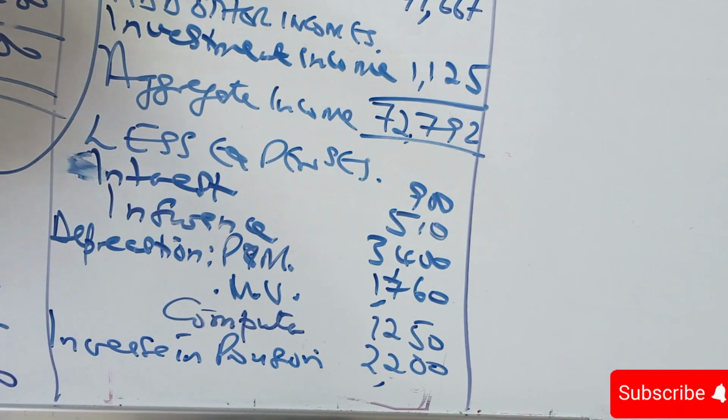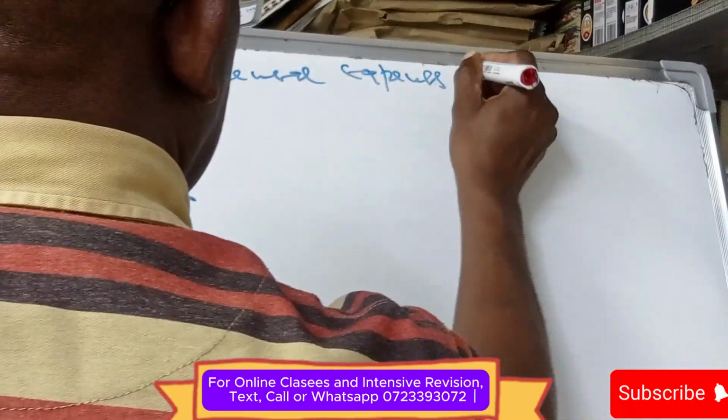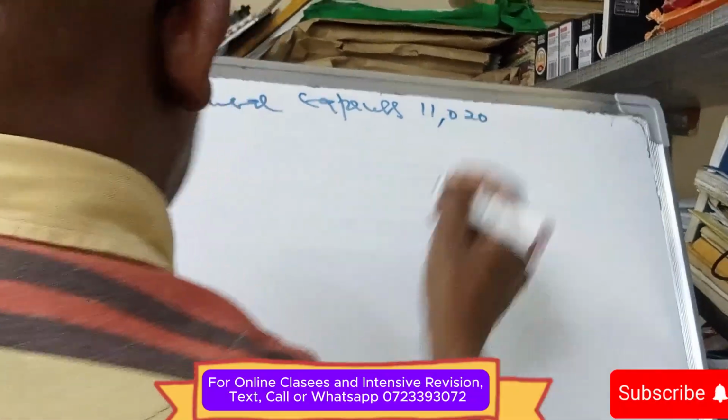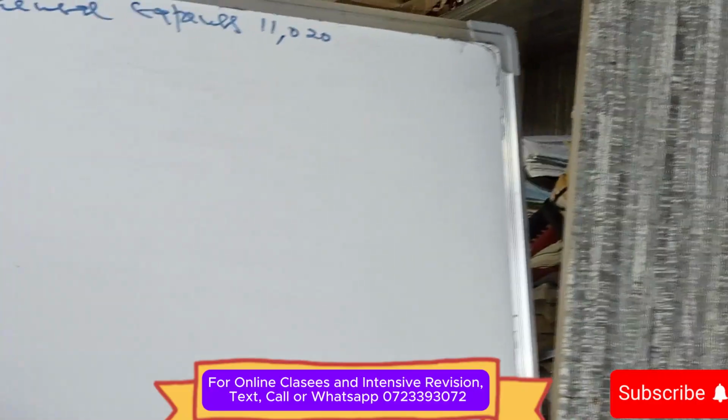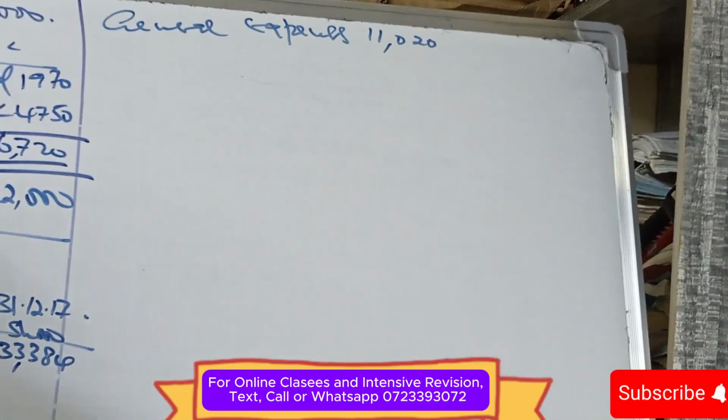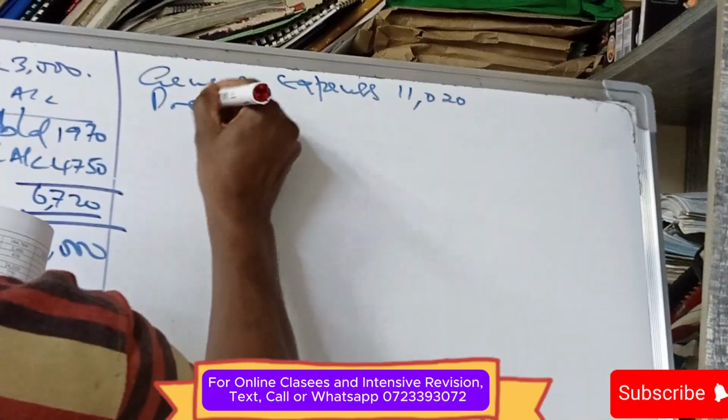Especially general expenses, 11,020. Preliminary expenses, 2,400.